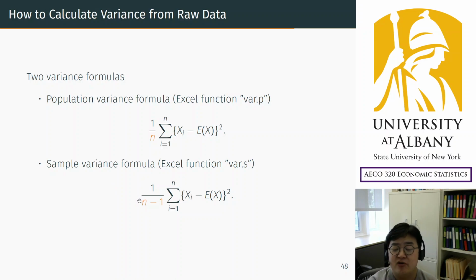Simply speaking, the main reason is that the mean we subtract is already calculated from the data. So in some sense, because we already calculated the mean, our sample size was n, but when we calculated the mean, we consumed one piece of information. We had n observations, but one of them theoretically has been consumed in the calculation of the mean.